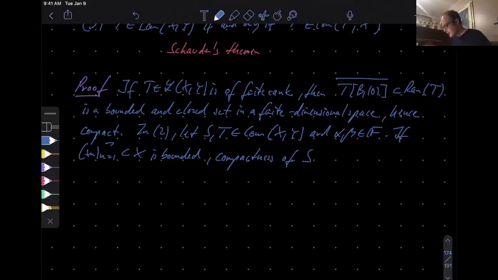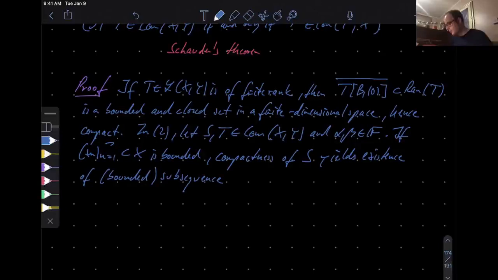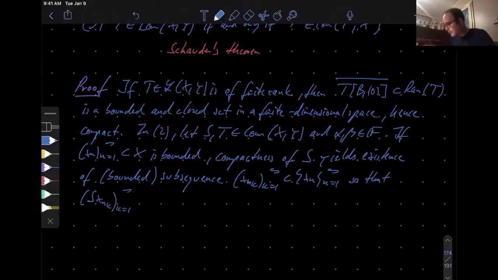So compactness of S yields existence of a bounded subsequence, because it's a subsequence of the initial sequence which was already bounded, so that subsequence is also bounded. Call it x_{n_k}, such that the image of that sequence is convergent. Right, so that S x_{n_k}, k from 1 to infinity, converges.